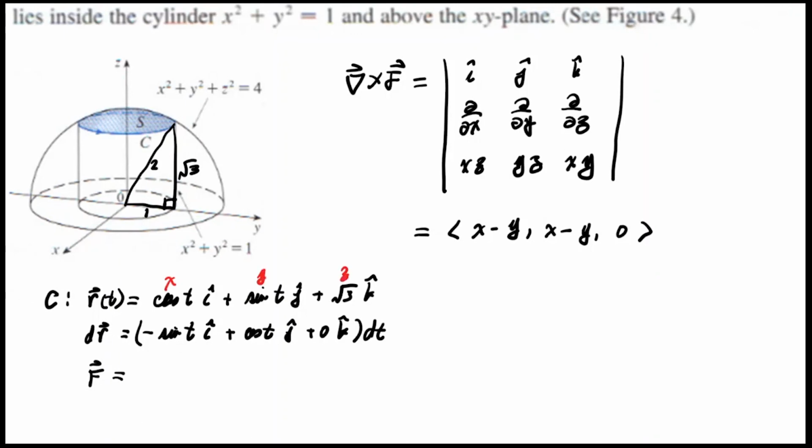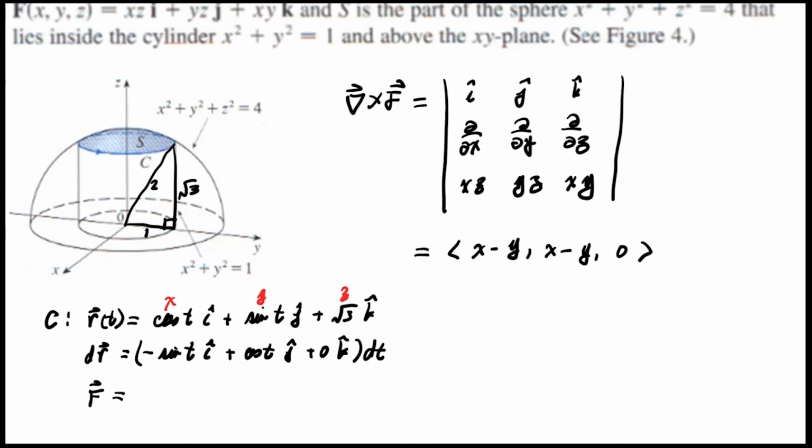So f is xy here. So we have root 3 cosine t i vector, and yz, so plus root 3 sine t j vector, and, whoa, I screwed up.